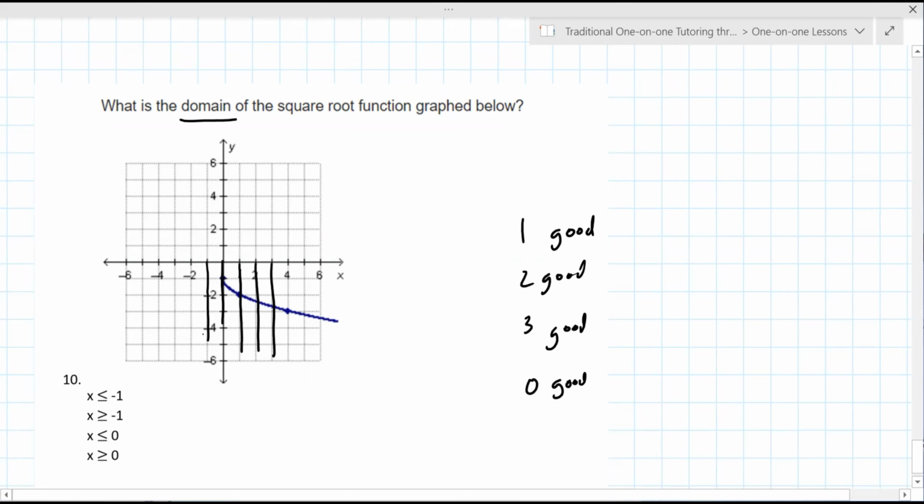So very simplistically, we can say any number 0 and to the right is good. So which one of these says 0 and bigger or larger than 0? Last one. Yes.